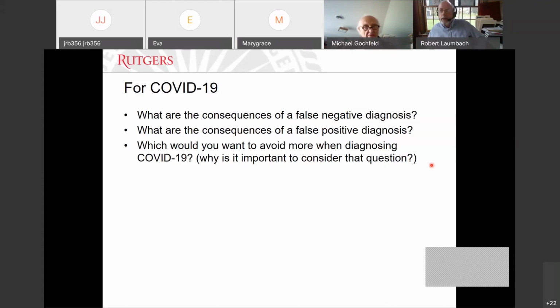Excellent. Yeah. So in this case, the fact that we have such high proportions of false negatives and apparently low sensitivity with qPCR is a big problem. We know very little about false positives because we don't know a lot about how to rule out people other than with qPCR.